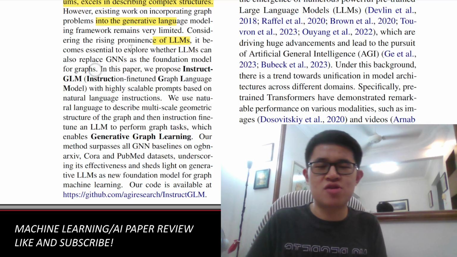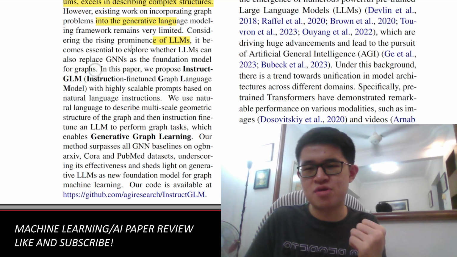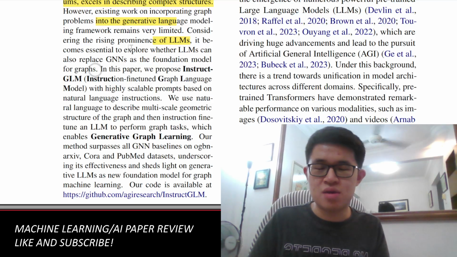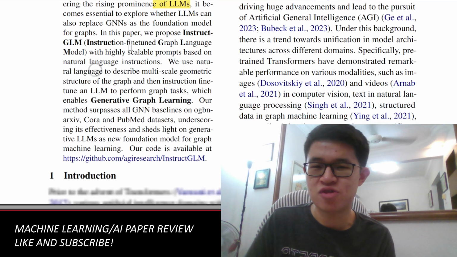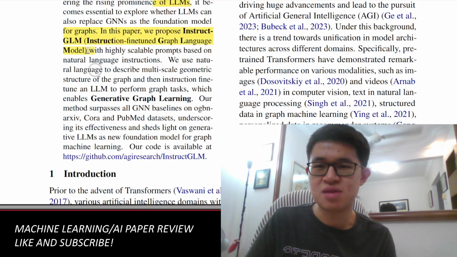It is essentially like replacing convolutional neural networks with LLMs. It's mind blowing, but that's what they did in this paper.